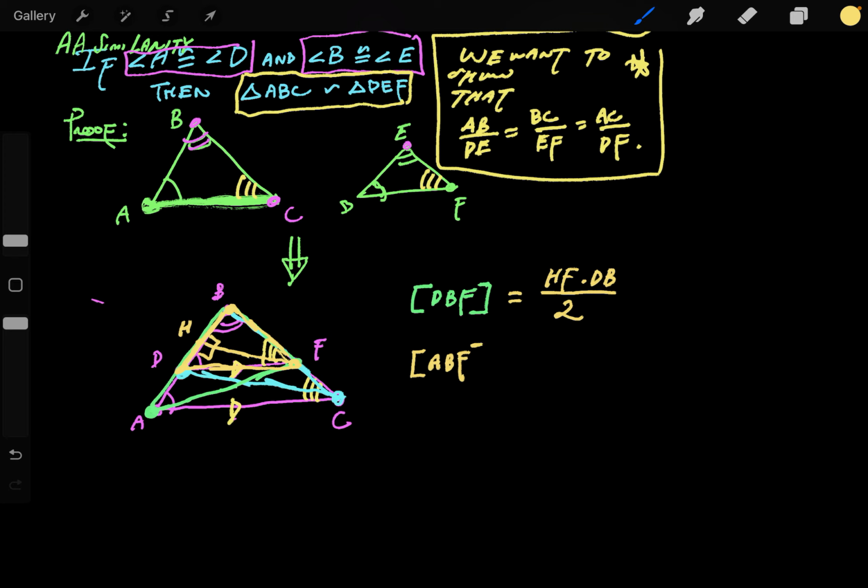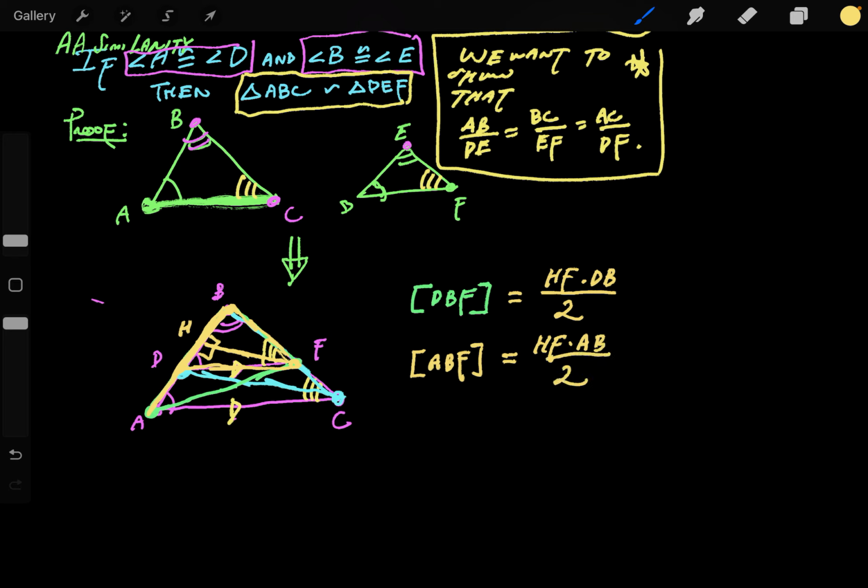If we look carefully, its base is AB, and its altitude from this point is the same altitude. So it's HF times AB over 2.